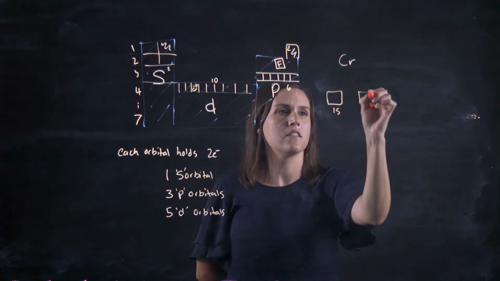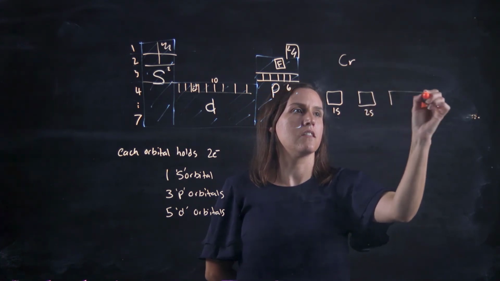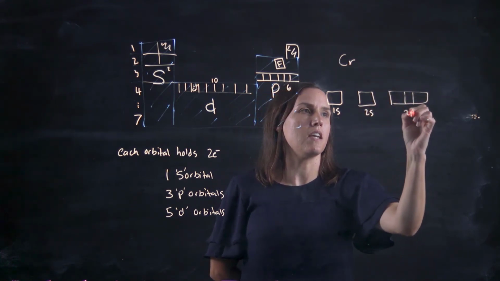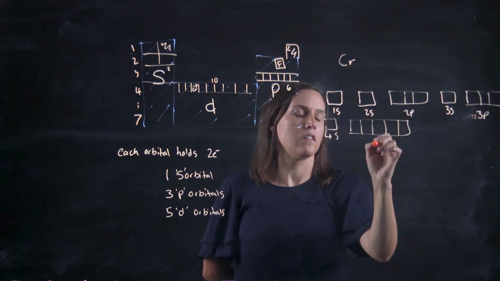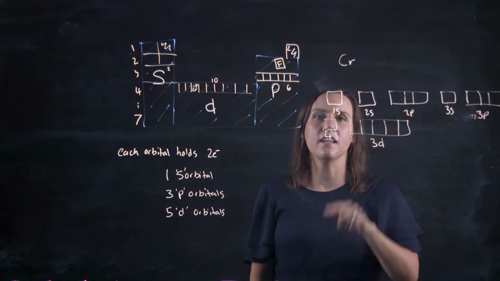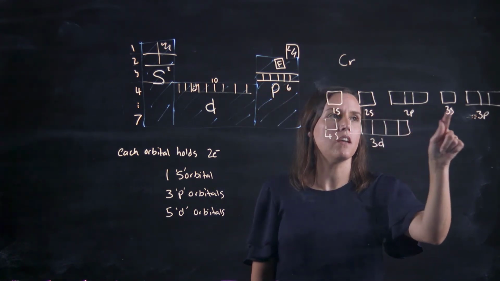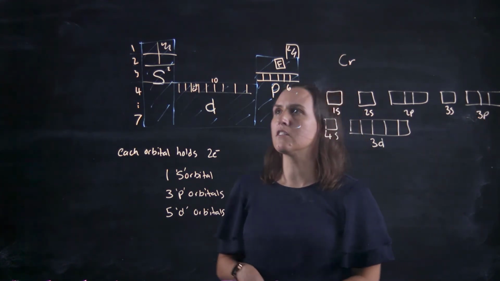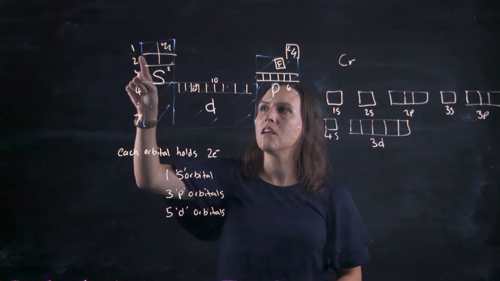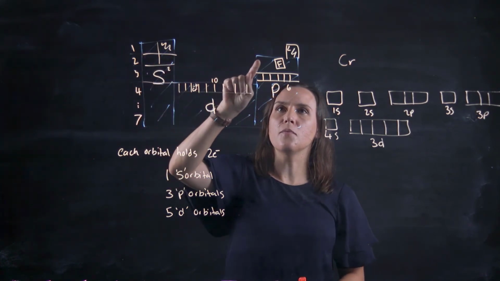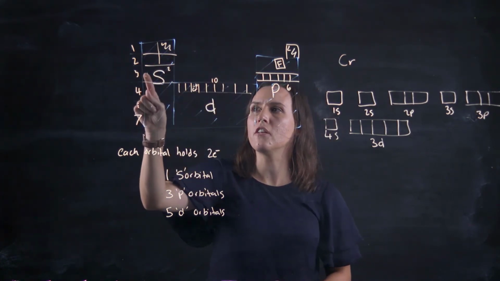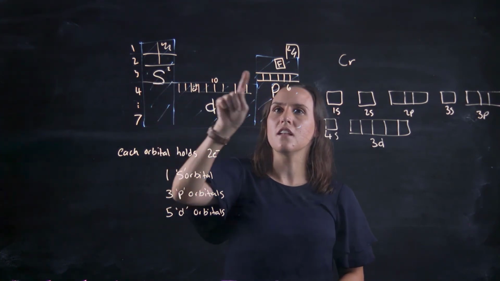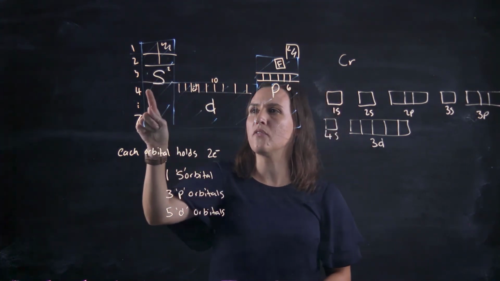So 1s, 2s, 2p. When I fill this out, it's 1s, 2s, 2p, 3s, 3p, 4s, 3d. So looking at my table, I've got my 1s, my 2s, my 2p, then my third energy level, so 3s and my 3p's, and then I've got my 4s.